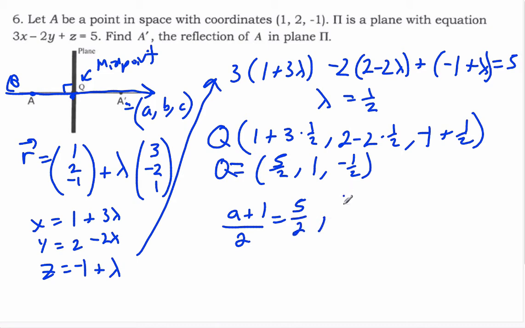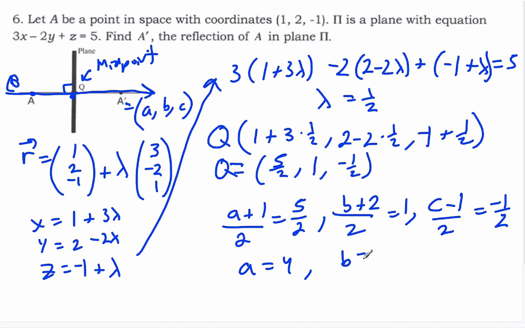Similarly, b plus 2 over 2 equals 1, and c minus 1 over 2 equals -half. Solving these little equations, you get a equals 4, b equals 0, and c equals 0. So your reflected point A prime is 4, 0, 0.